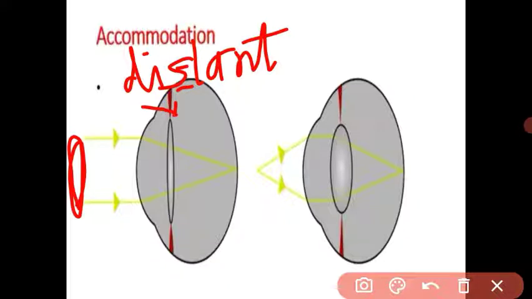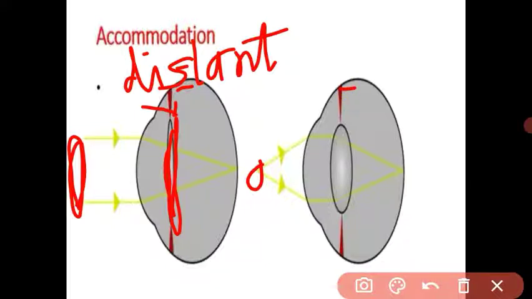Due to the suspensory ligament, our convex lens becomes stretched, very flattened and thin, and we are able to see the distant object.